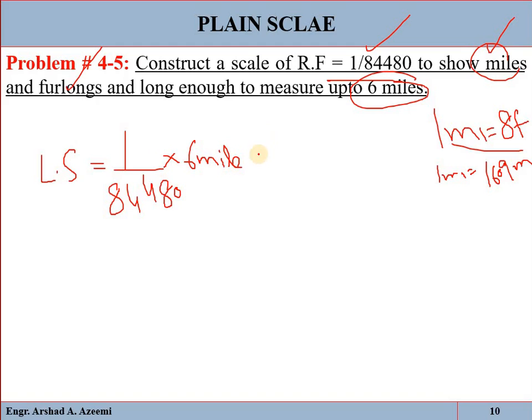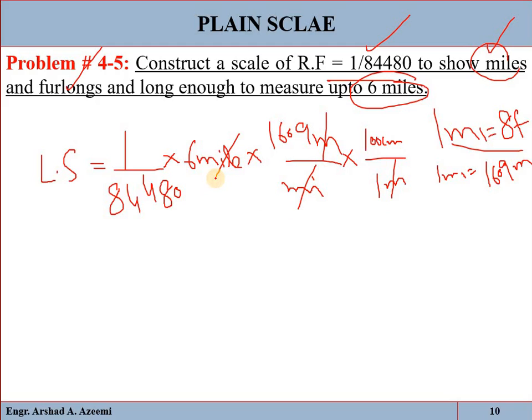Now we know that there are 1609 meter in 1 mile, and there are 100 centimeter in 1 meter. So meter will be cancelled, mile will be cancelled. When you simplify it, suppose I'm taking a rough value of 10 centimeter.